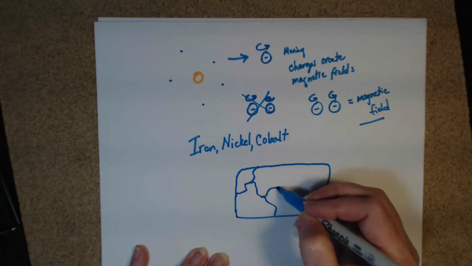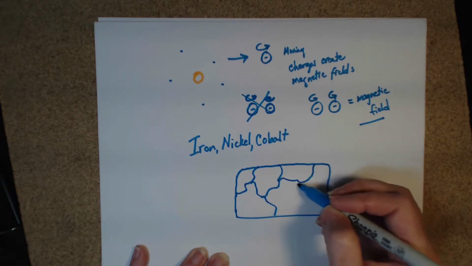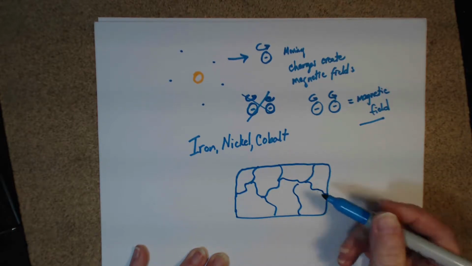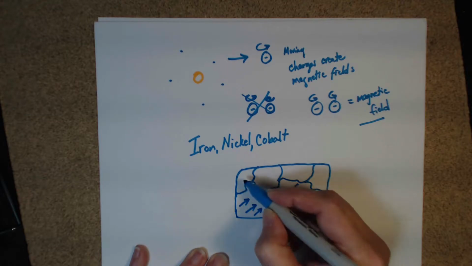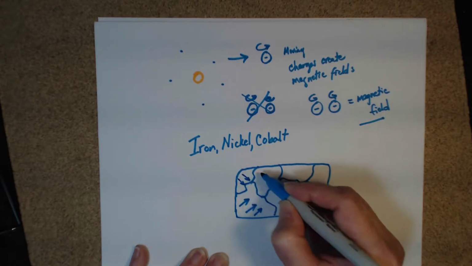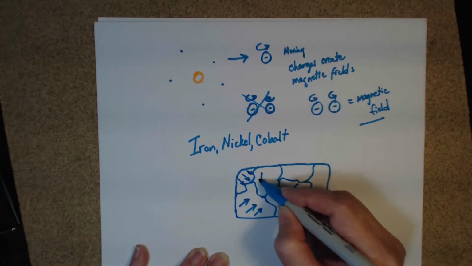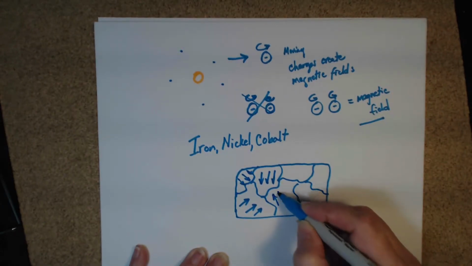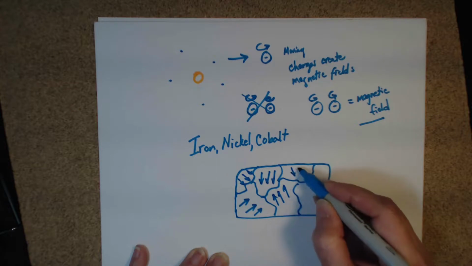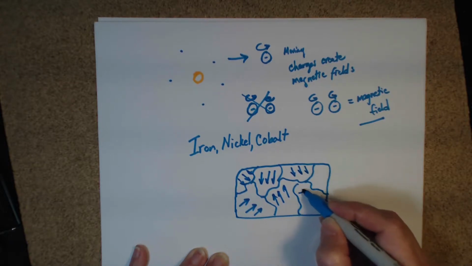That's because we have areas within that piece of iron known as domains. And in each of these little microscopic domains, the magnetic field is pointing in a different direction. And these different directions cancel each other out.